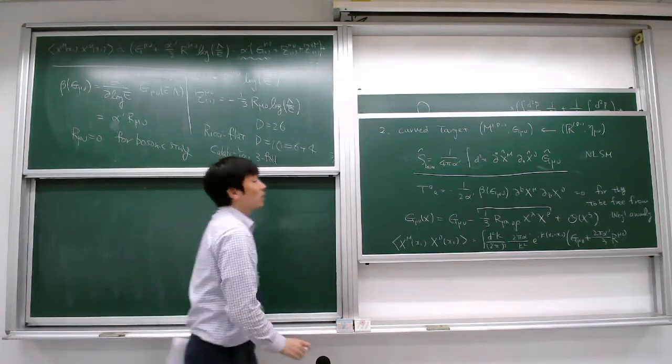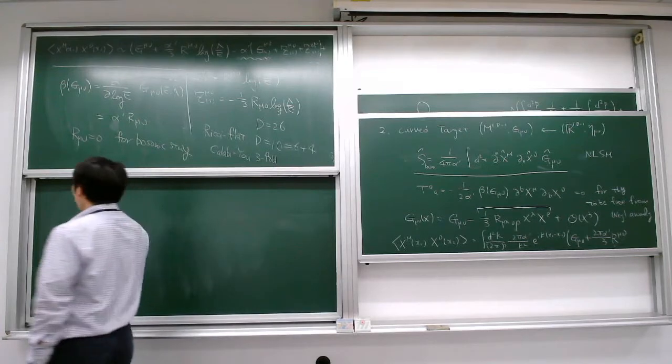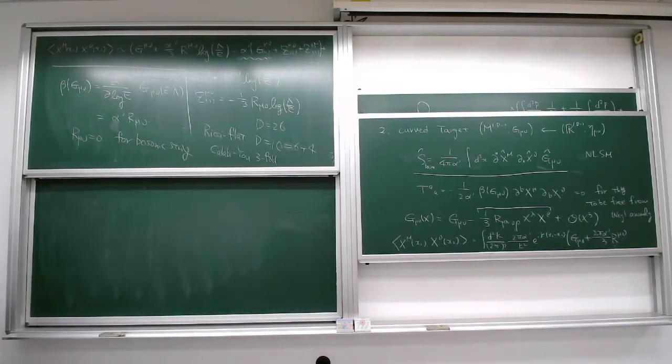So we already know, what are the massless modes in bosonic string? Do you remember? What are the massless states in bosonic string?